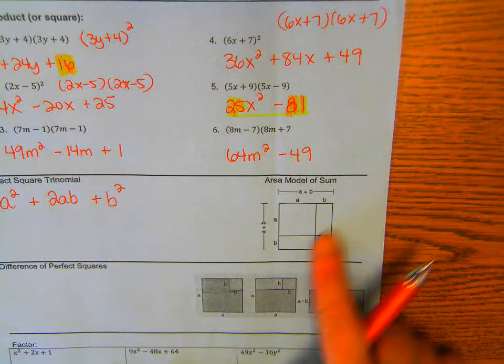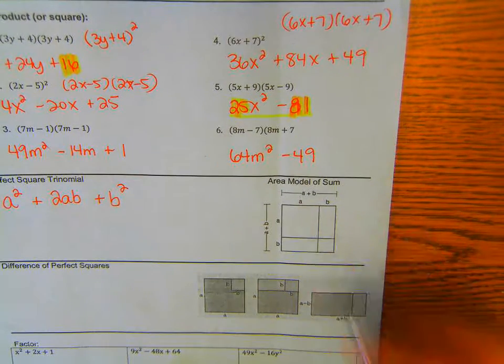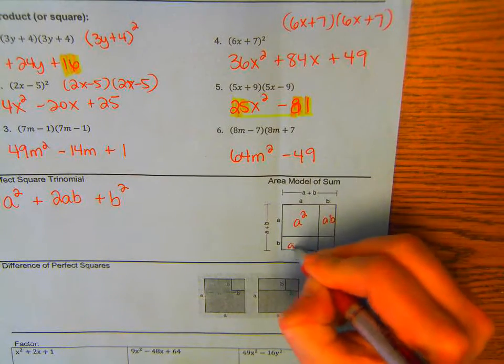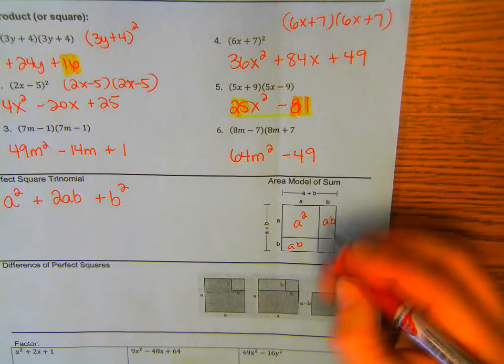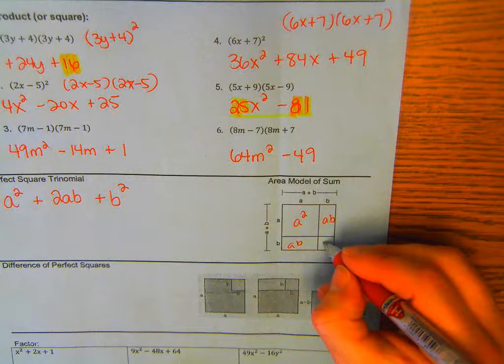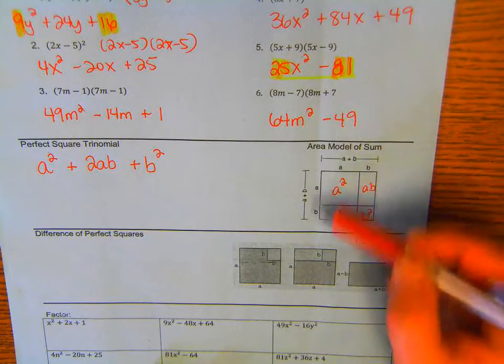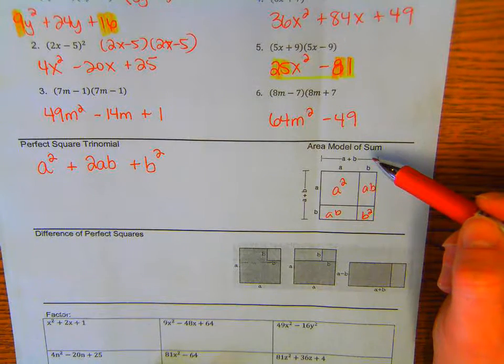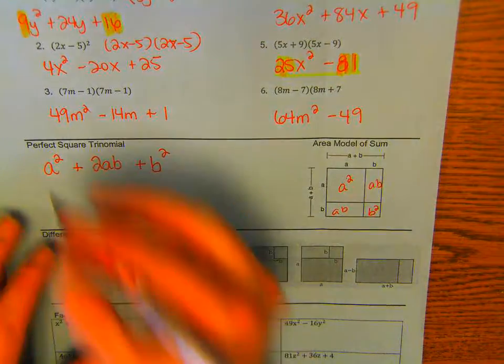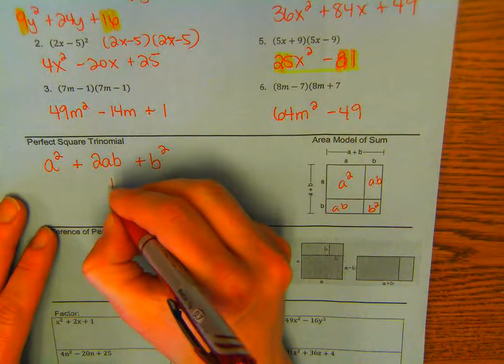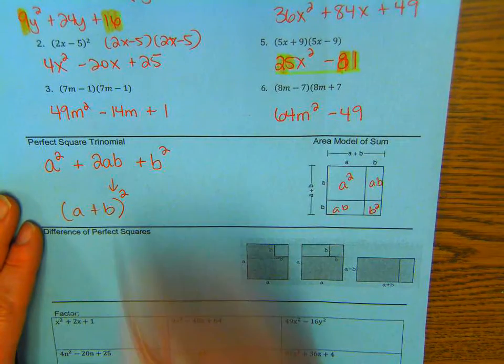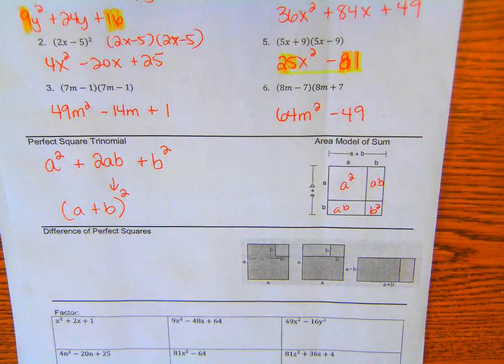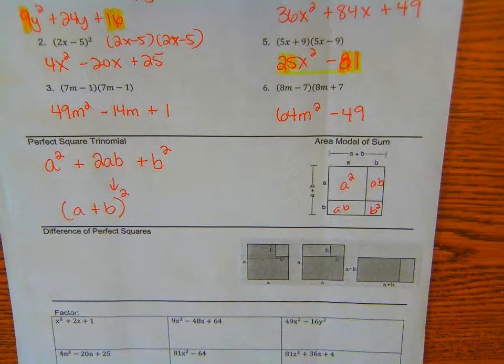Look at this, a squared, and there's an AB and an AB. That's 2 ABs. Notice, this is a square. That means its length and width are exactly the same. So this factors into A plus B squared.